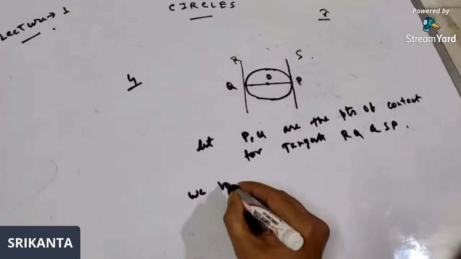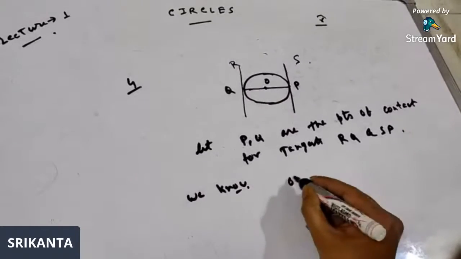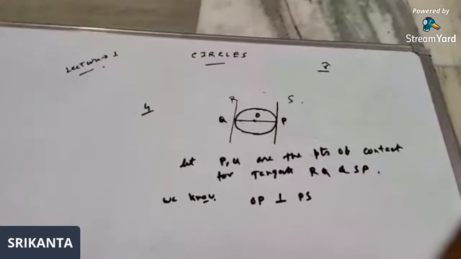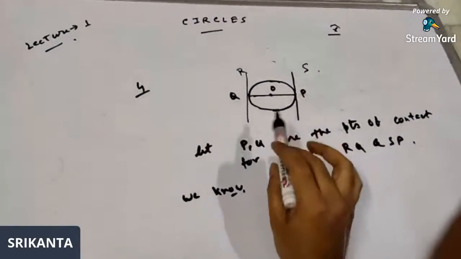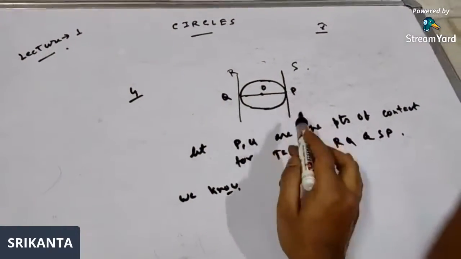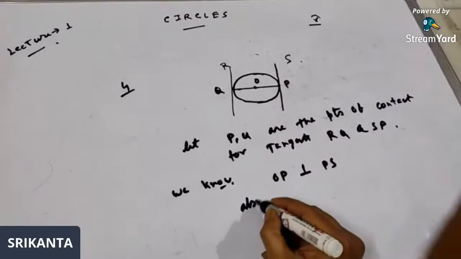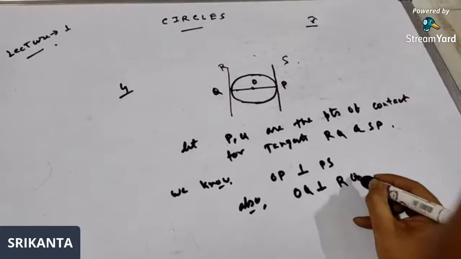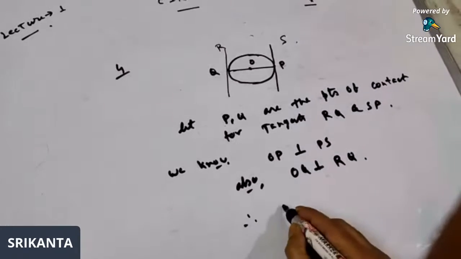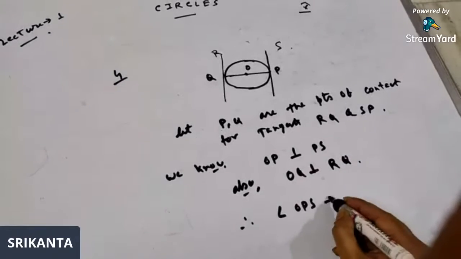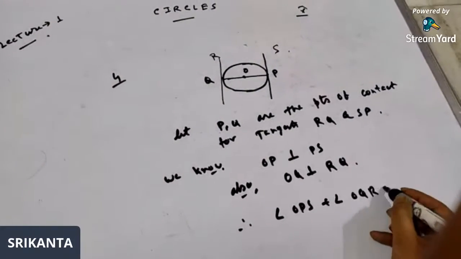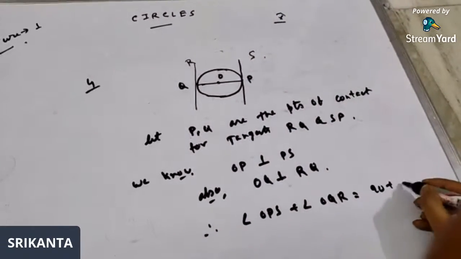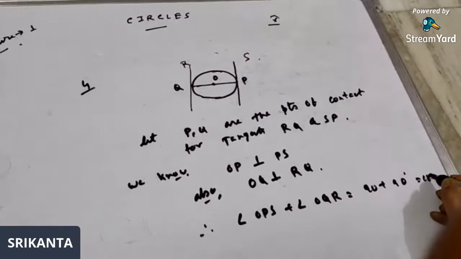We know OP is perpendicular to PS by the first theorem: any line passing through the center of the circle is perpendicular to the tangent. Also OQ is perpendicular to RQ. Clear? Therefore angle OPS plus angle OQR, so OPS becomes 90, OQR becomes 90. This becomes 180.